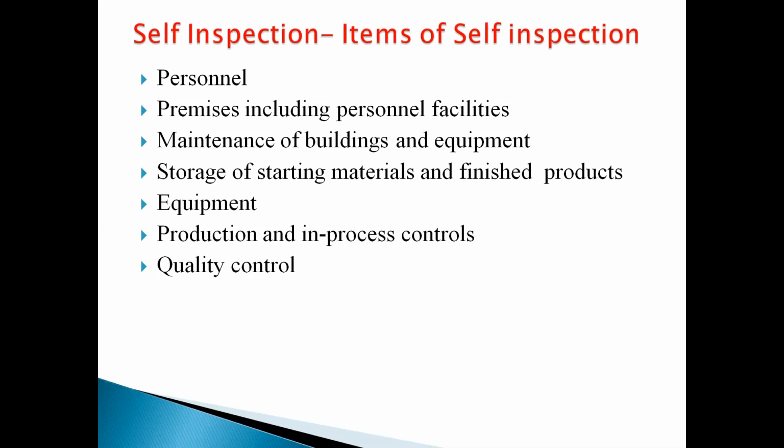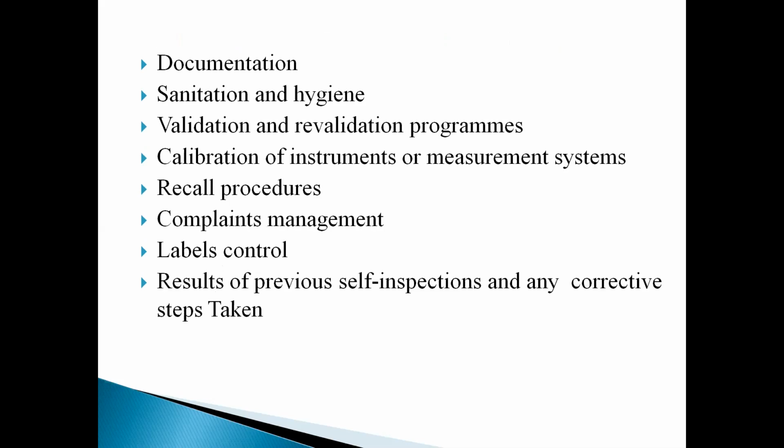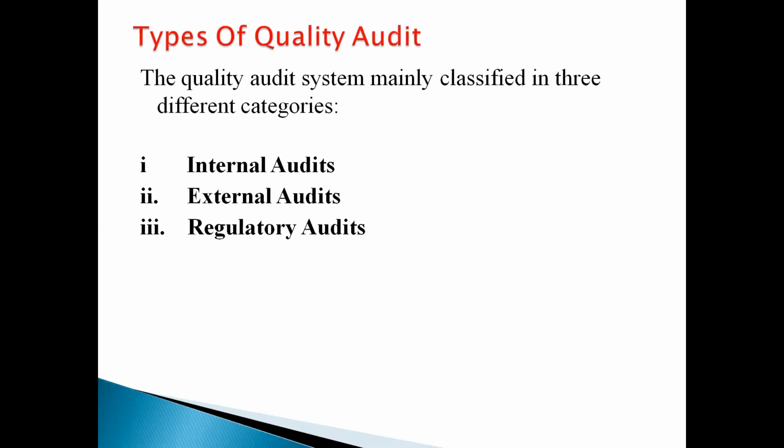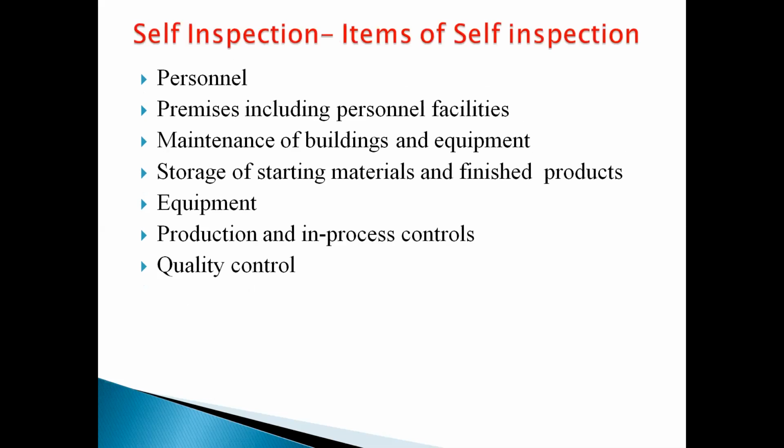Personnel, premises including personnel facilities, maintenance of buildings and equipment, storage of starting materials and finished products, equipment, production and in-process controls, quality control, documentation, sanitation and hygiene, validation and revalidation programs, calibration of instruments or measurement systems, recall procedures, complaints management, labels control, results of previous self-inspections, and any corrective steps taken. So these many items are there for self-inspection.